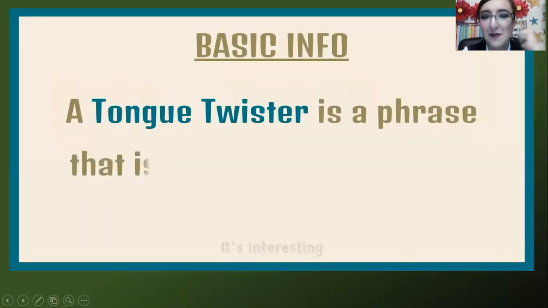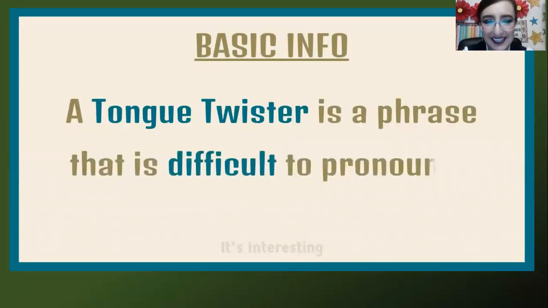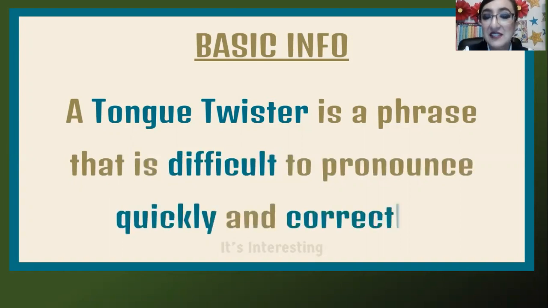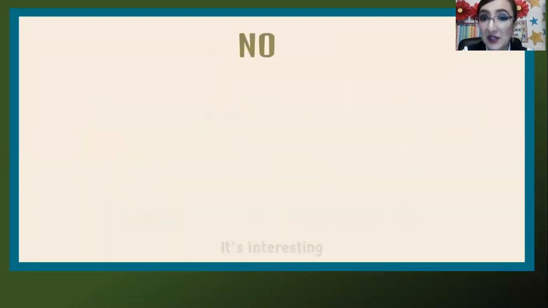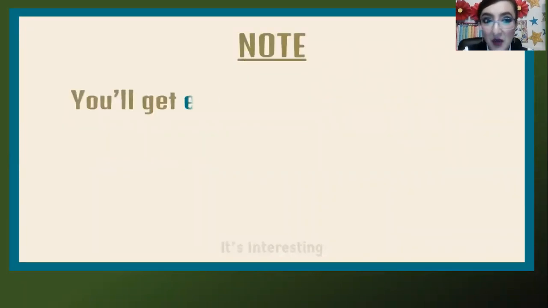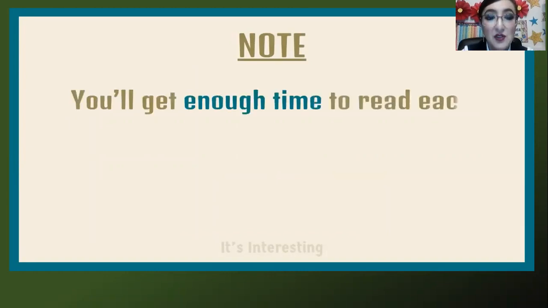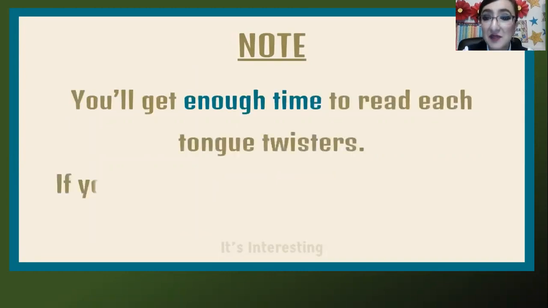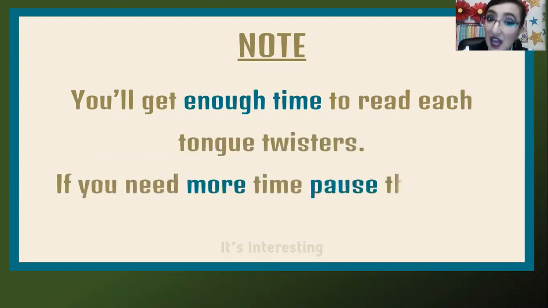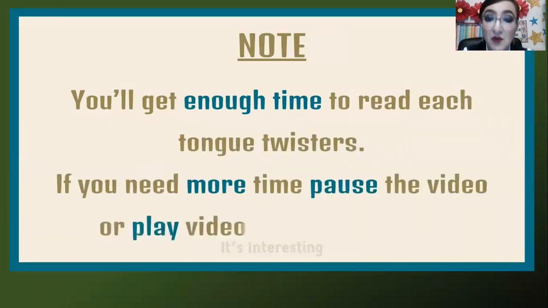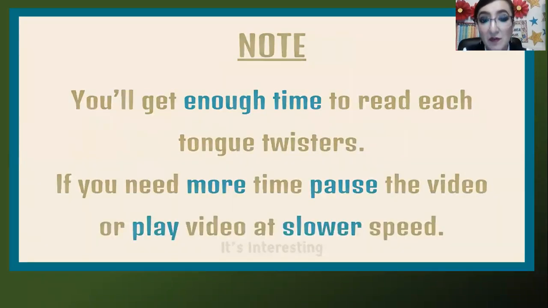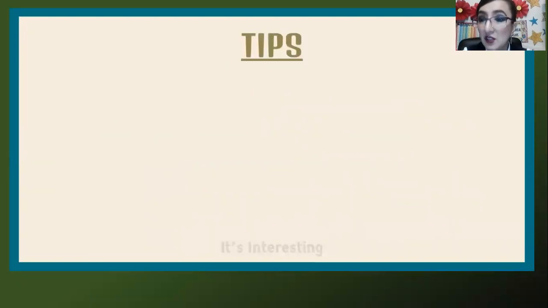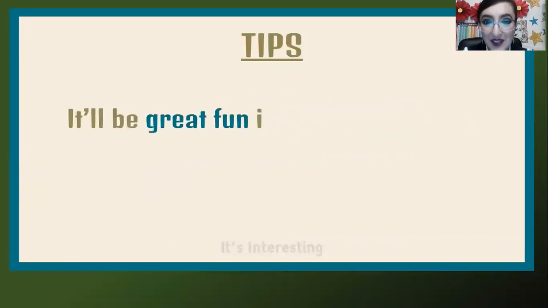Basic info. What a tongue twister is: a phrase that is difficult to pronounce quickly and correctly. Note, you will get enough time to read each tongue twister, and if you need more time, pause the video or play the video in a slower way. Okay, some tips.